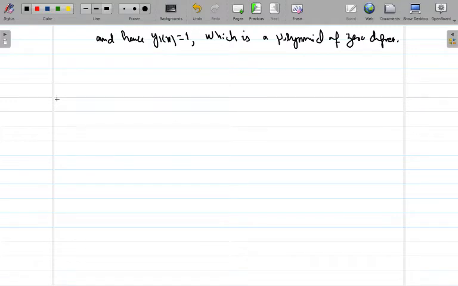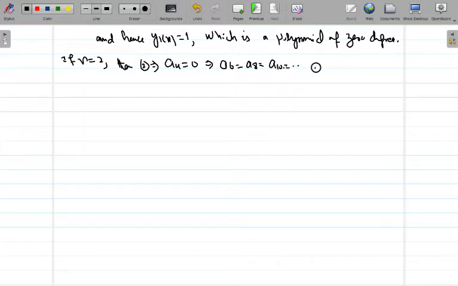And if we check it for n equal to 2, then the coefficient in equation 2 becomes a4 equal to 0, which implies that a6, a8, a10 and so on, all of them become equal to 0.